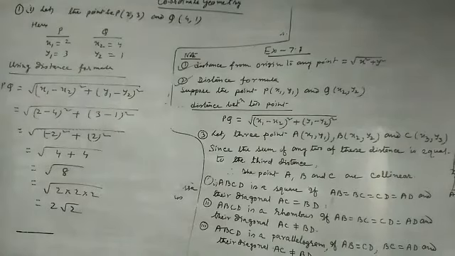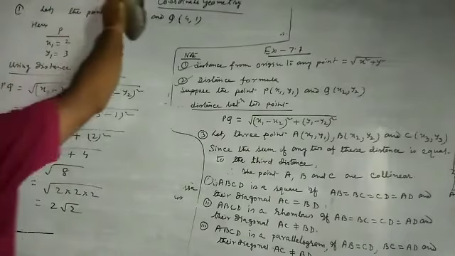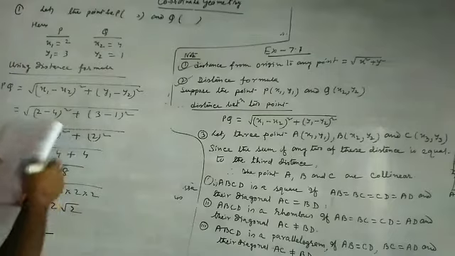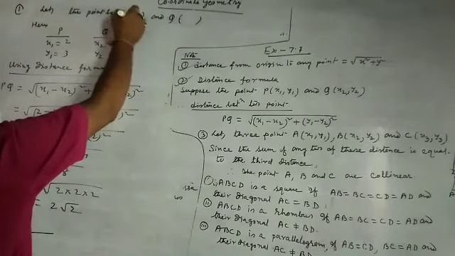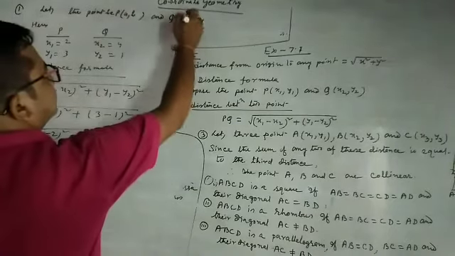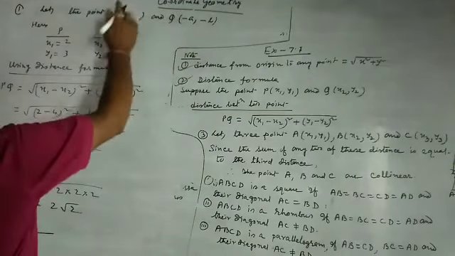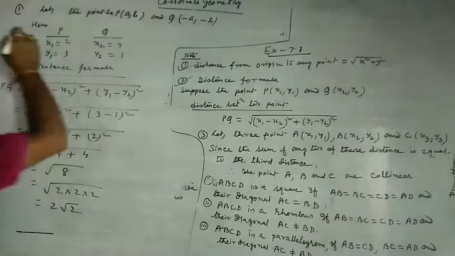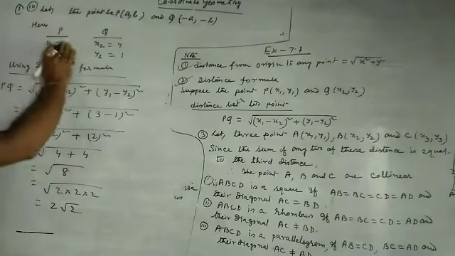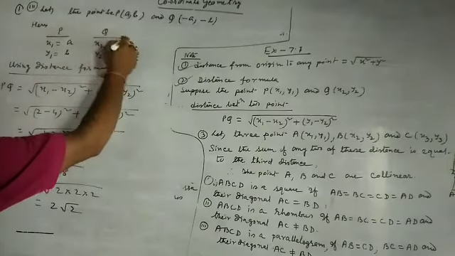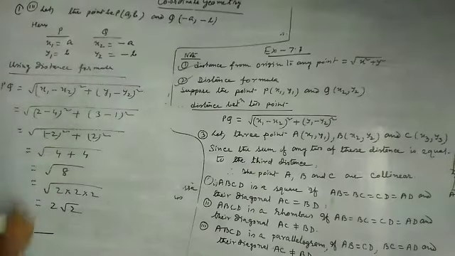Now we take another question, question number 3 from exercise 1: the points (A, B) and (-A, -B).